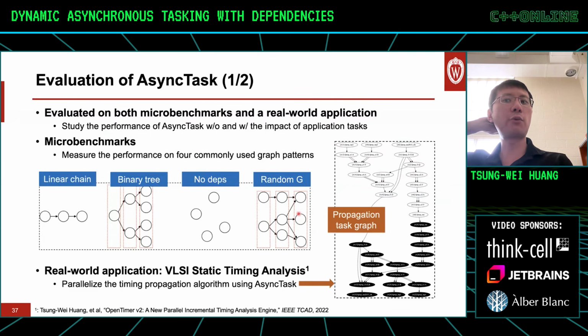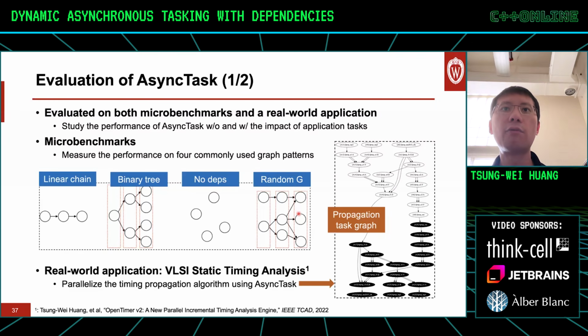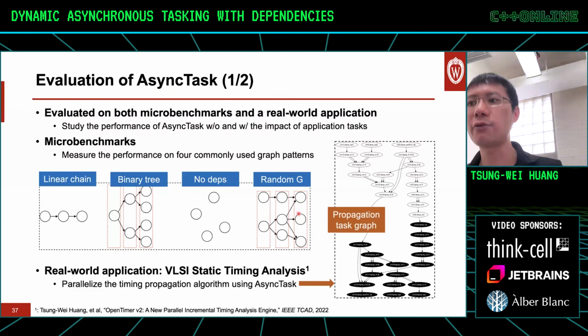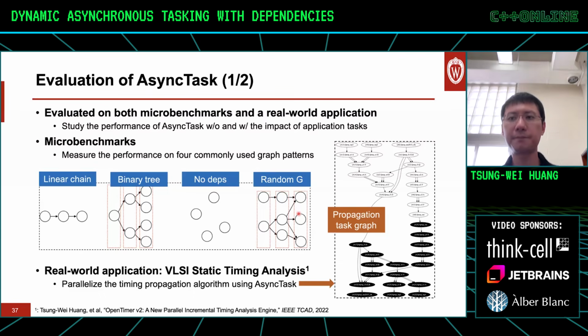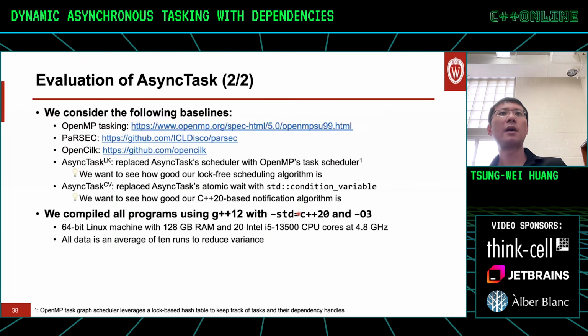In terms of the real-world application, we use AsyncTask to implement a task-parallel static timing analysis application in VLSI, where we parallelize the timing propagation algorithm using AsyncTask. We consider the following baselines: OpenMP tasking, Parsec, OpenCilk, AsyncTask LK and AsyncTask CV.